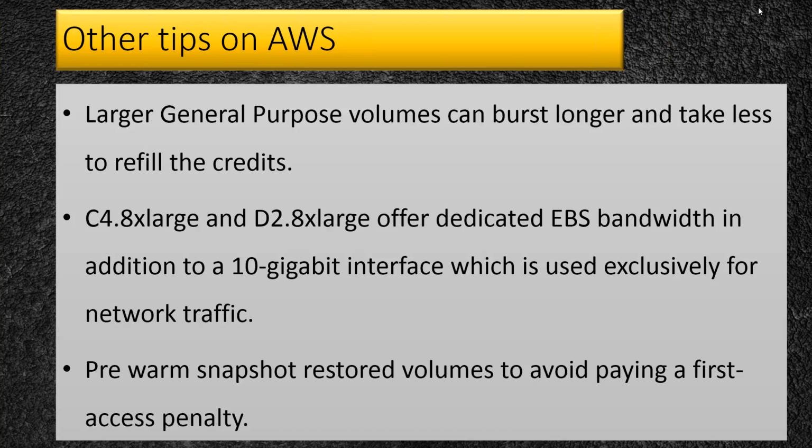And the other thing that is mentioned is if you are restoring any volumes from snapshots that you created, you should pre-warm them. There's a penalty there because snapshots are usually stored in S3 storage by Amazon, and so there's a penalty when you first read it. It moves those blocks from S3 to the EBS. So if you pre-warm them, there's a command.